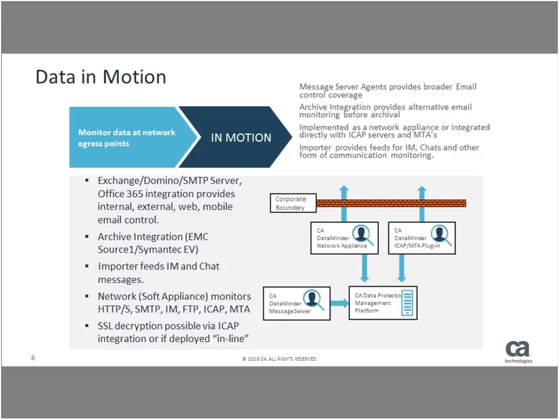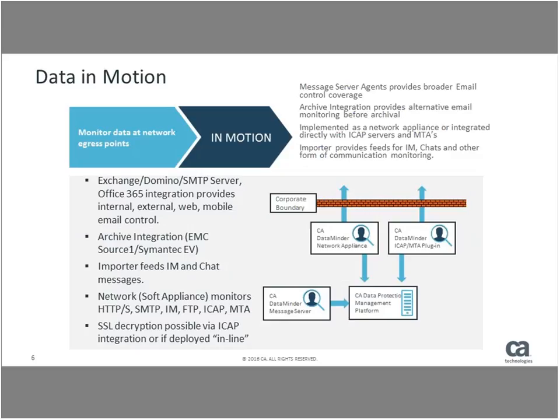Coming to data in motion, I'll move forward and take questions at the end. We have message server agents which can monitor emails sitting at the email servers. Archive agents: when an email is being archived, before it gets archived, they can get a copy of the email and apply policy.